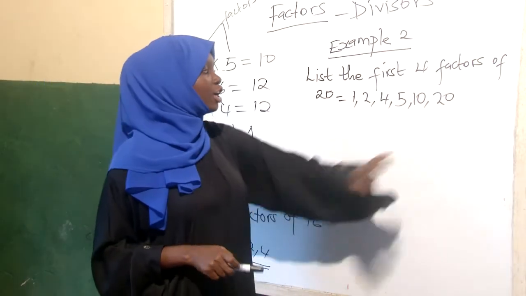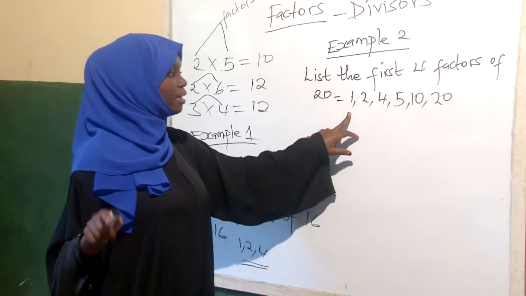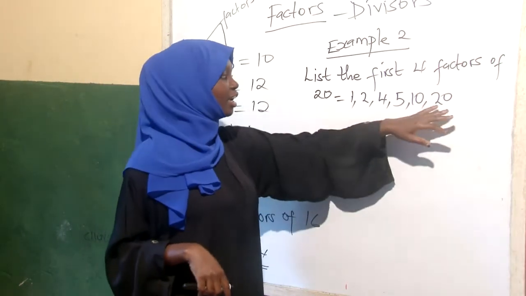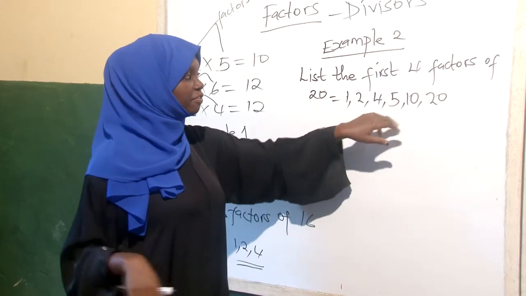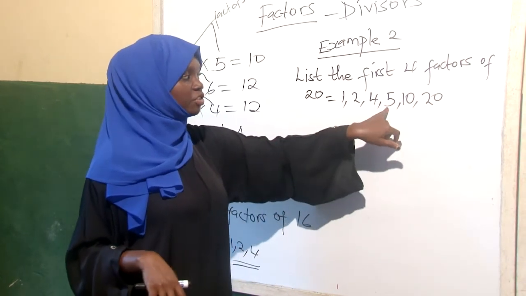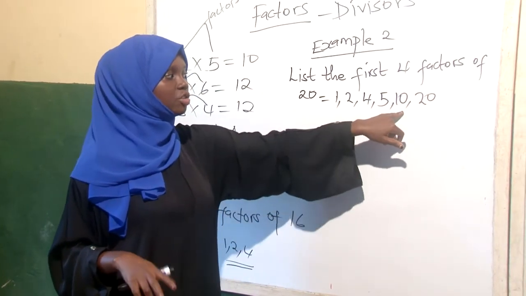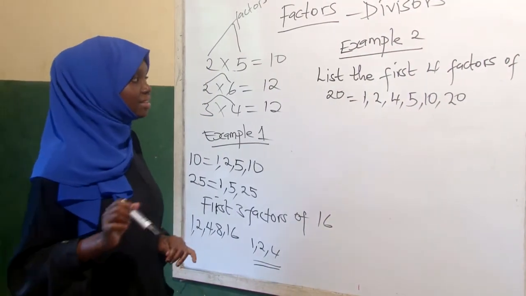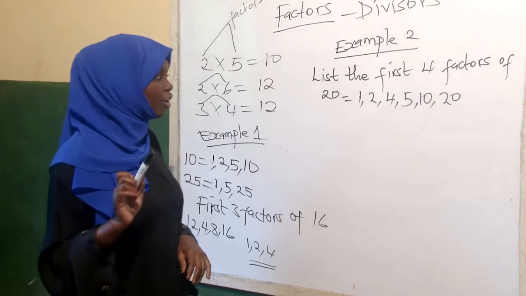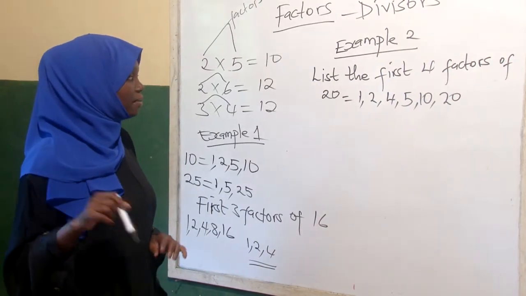Also, if you take 20 divided by 1, it will be 20. 20 divided by 2, it will be 10. 20 divided by 4, it will be 5. 20 divided by 5, it will be 4. 20 divided by 10, it will be 2. That is without remainders. Don't pick the numbers that have got remainders. Pick only the numbers that have no remainders.